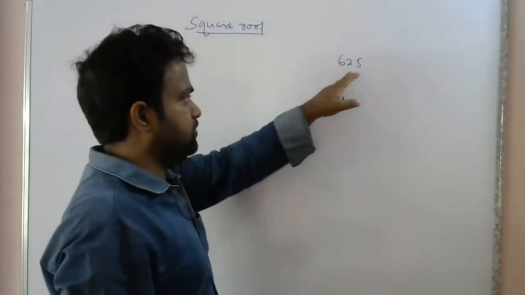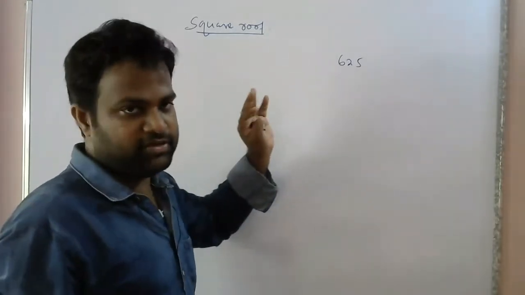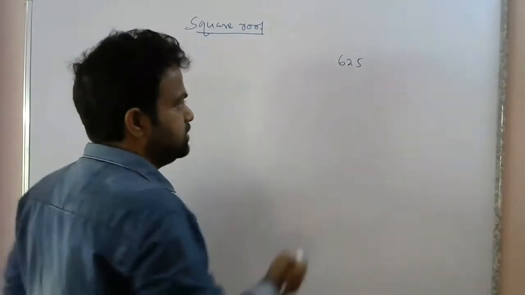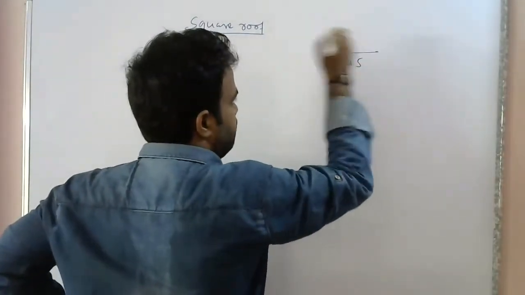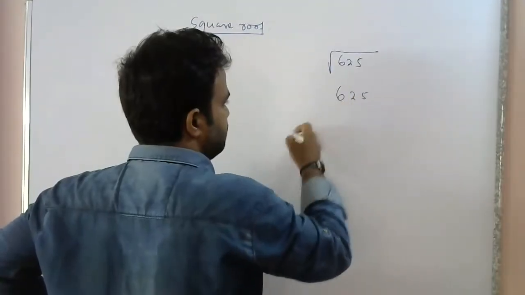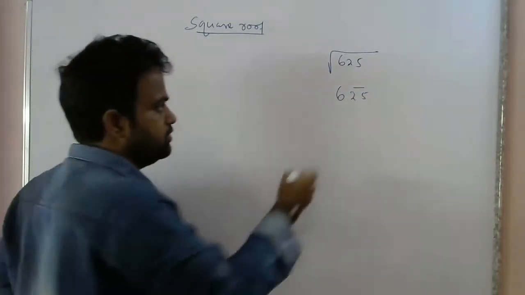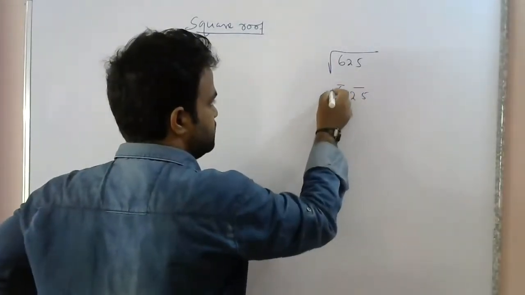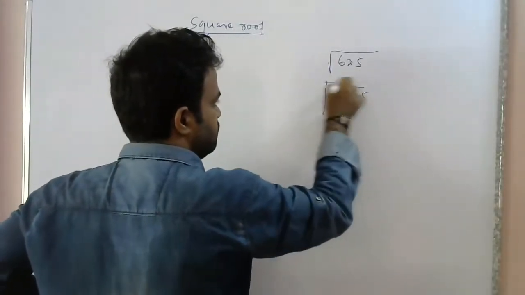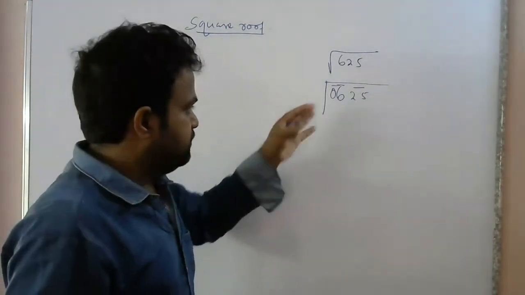Now, if the last digit is 25, then easily you can find it, right? One trick is there, that also I will discuss. So you want to find the square root of 625. How will you do it? 625 bar, then bar, put a 0, right? Like that we start the division.